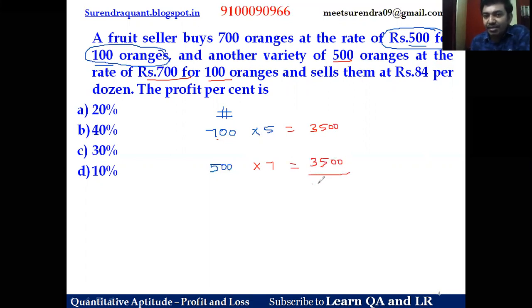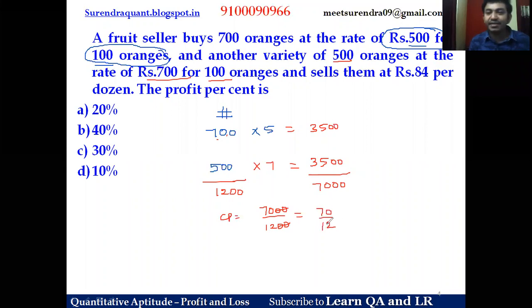So totally he paid 7,000 rupees. And how many oranges, friends? Here 700 oranges, here 500 oranges, together 1,200 oranges. Now what is CP? CP of each orange equals total price by number of oranges purchased. So 2 zeros get cancelled, right? So CP of each orange is 70 by 12.